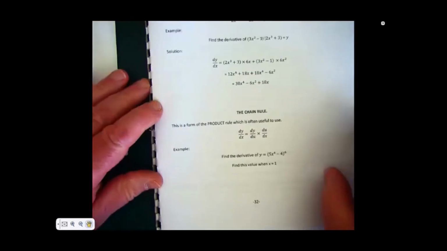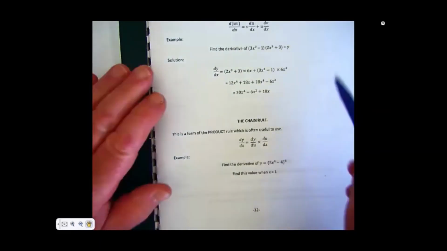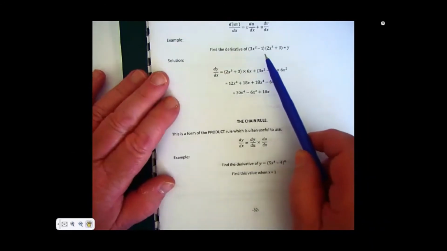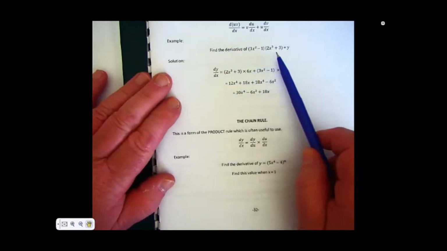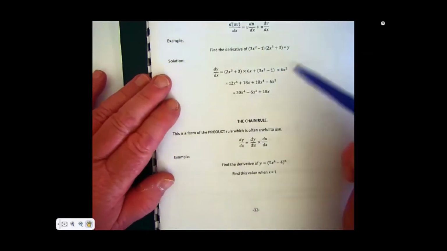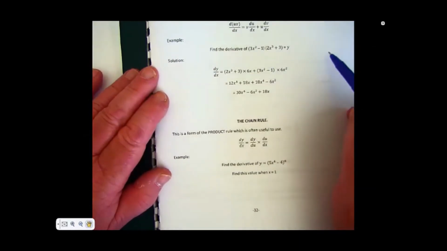Now in the book you'll see that we've got something that's a little bit more complicated. So to find the derivative of 3x squared minus 1, that's the first bracket, 2x cubed plus 3, that's the second bracket. If you're good at expanding brackets, you can take the time, and this would be a good exercise for you to do in your own time.